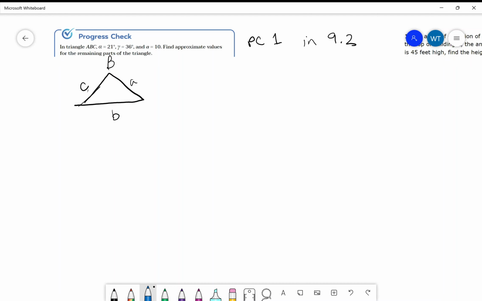From there we've got our angles. We're just going to have to solve for B first. We're going to take 180 minus the two angles that are added together, 21 plus 36, and we get 123.